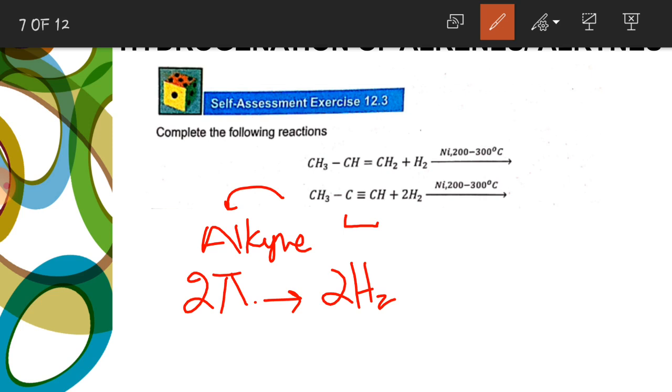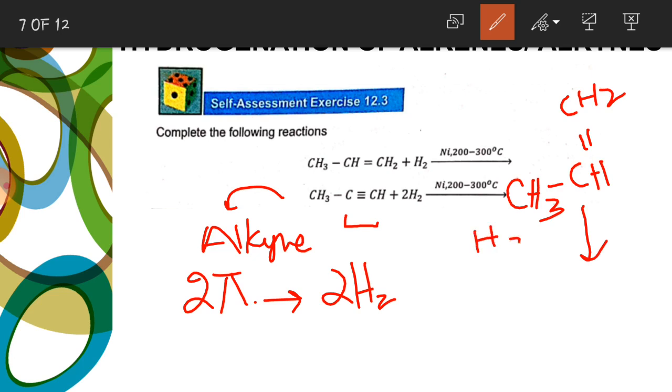You may also do this reaction like this. First, you may convert it into an alkene, and then in the second step, this alkene will be converted into an alkane.